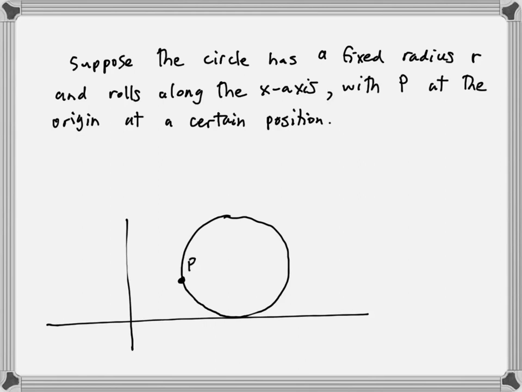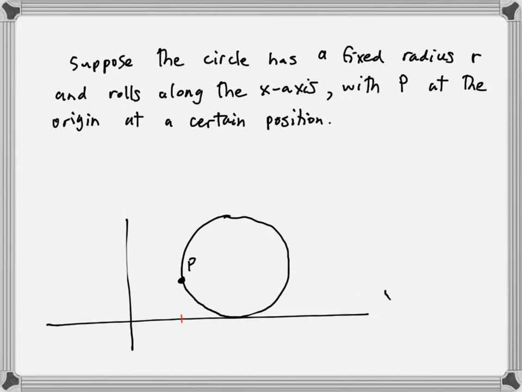So what we want to do is figure out the coordinates of P. Now, remember, it started out at the origin, right? We're trying to figure out what the x coordinate is and what the y coordinate is.